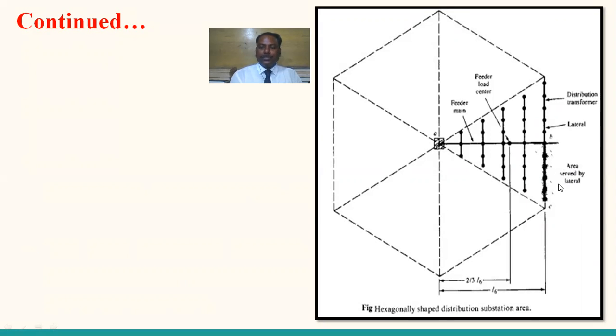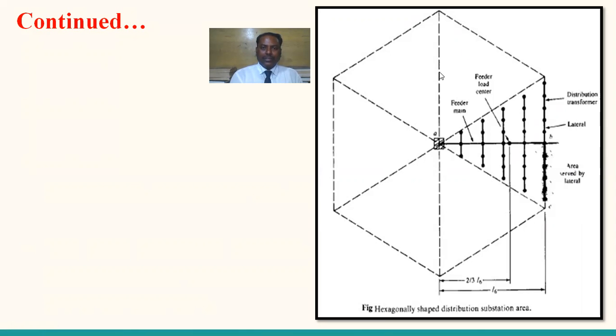Here also we are doing the voltage drop analysis for one feeder out of 6 feeders. Once it is calculated for one feeder, it should be multiplied by 6 feeders so that it covers the entire area. This is the analogy here.